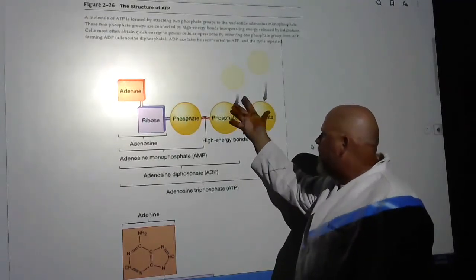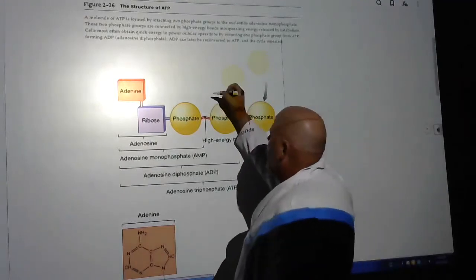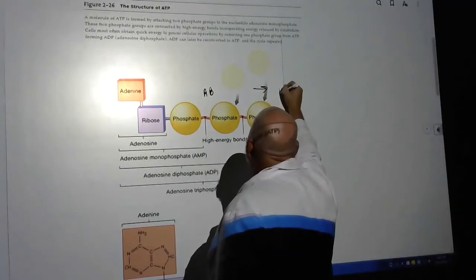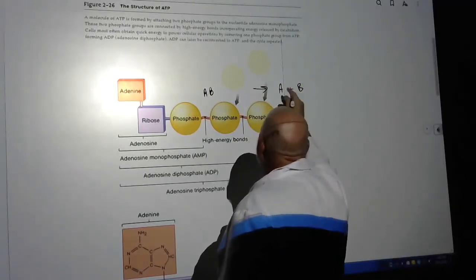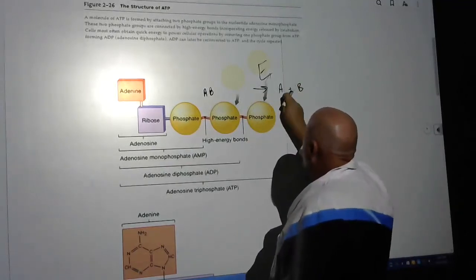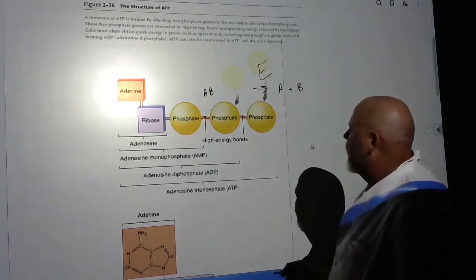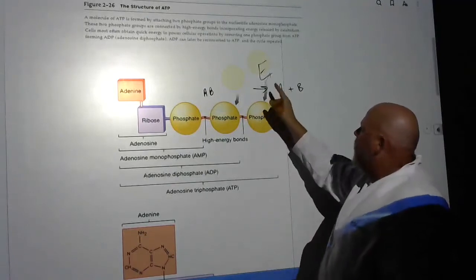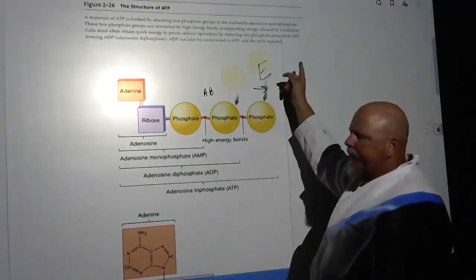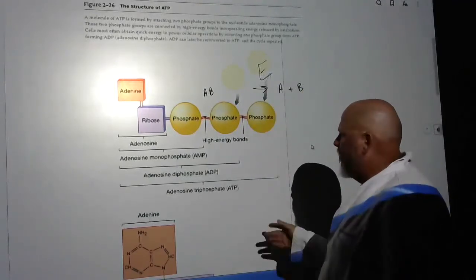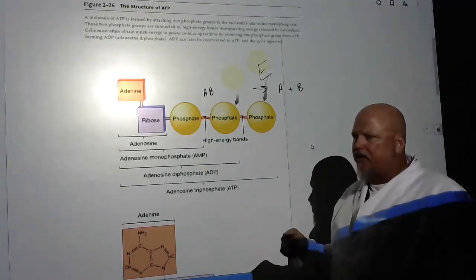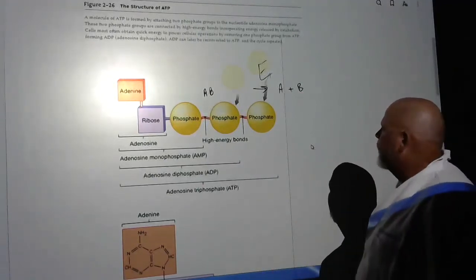If I break that bond, if A B yields A plus B, I release energy from the system. That's exergonic, right? And we use that energy to do whatever it is, muscle contraction or whatever. A byproduct of that is heat. Remember, when we break bonds, it's not 100% transferable, but we actually create heat.